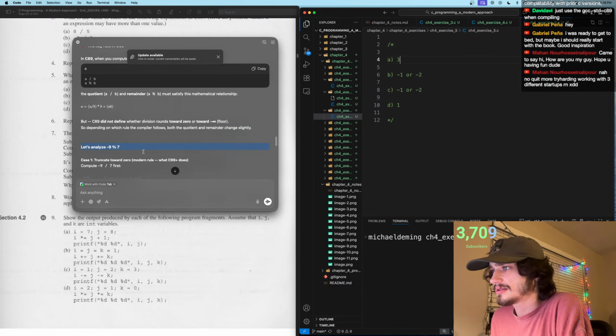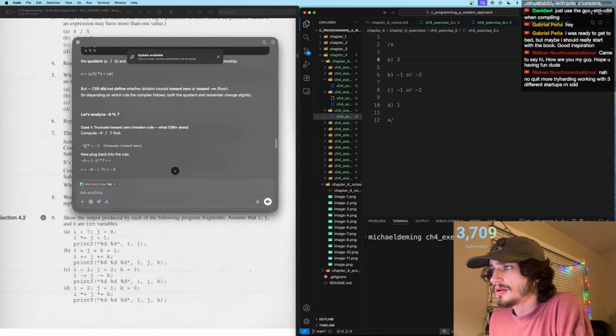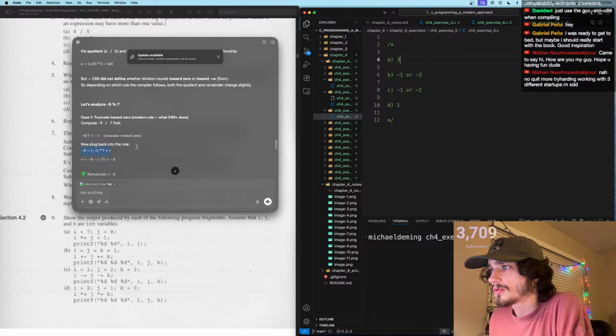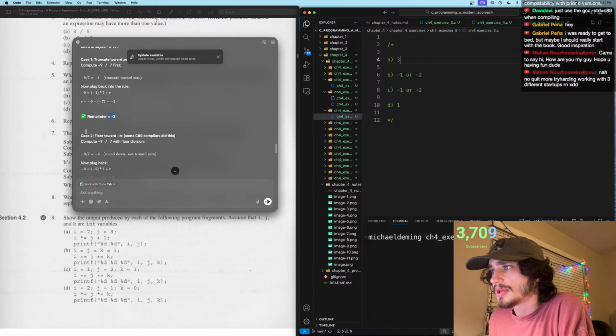Let's analyze this. In case 1, which truncates towards 0, the modern rule, this happens, and then we get negative 1 as what's left over. Now plug this back into the rule, and you get this. Case 2, when we floor towards negative infinity, we get negative 2 for this value, and by plugging it back into this rule, it gives us this 5.